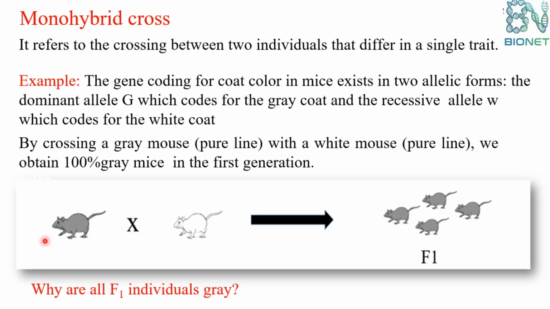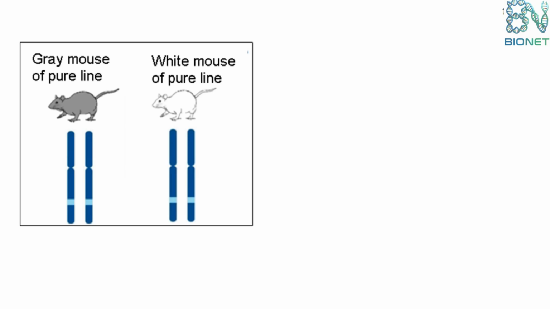The crossing between these two pure line mice gives in F1, in the first generation, mice of one color. All the mice have the gray color. Now, why are all F1 individuals gray? These are the parents.